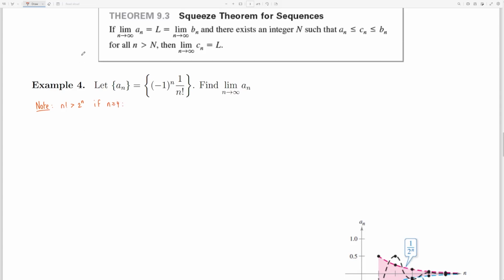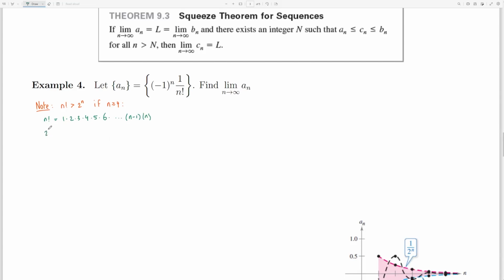I'll show that over here. Let's take a look at n factorial. I'm going to start with the 1, and write it as 1 times 2 times 3 times 4 times 5 times 6, and then all the way up to n minus 1 times n.